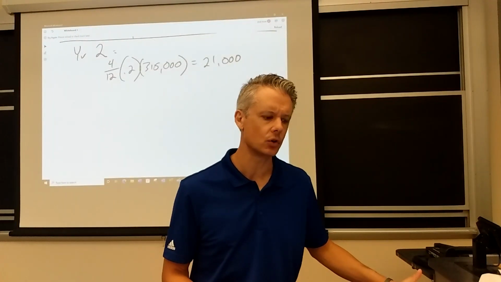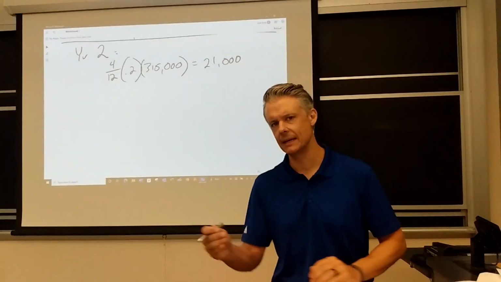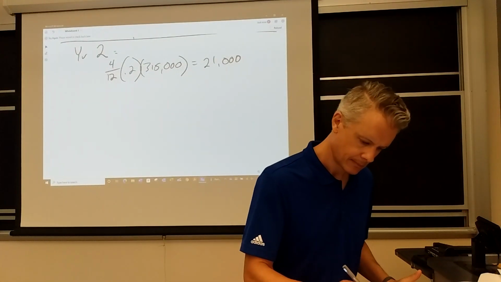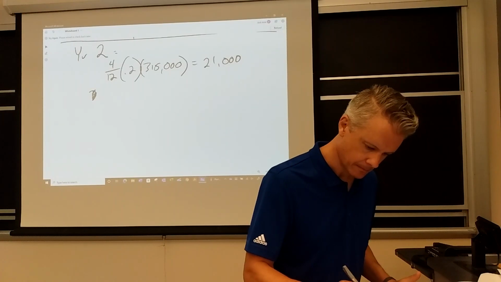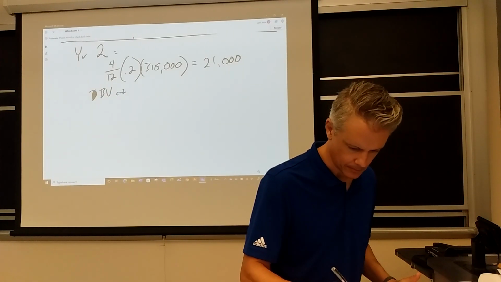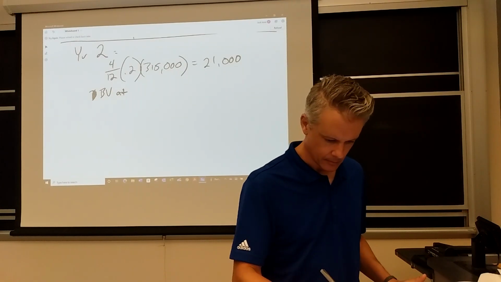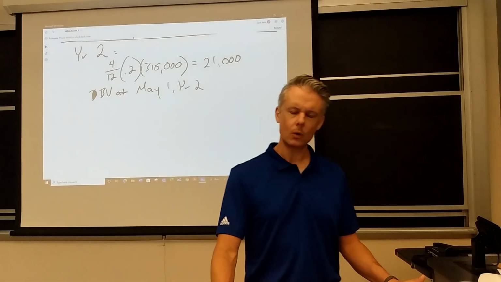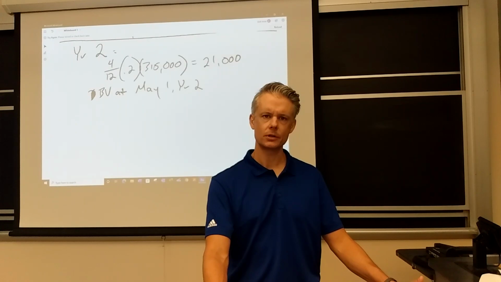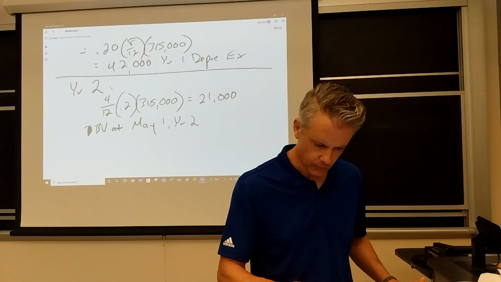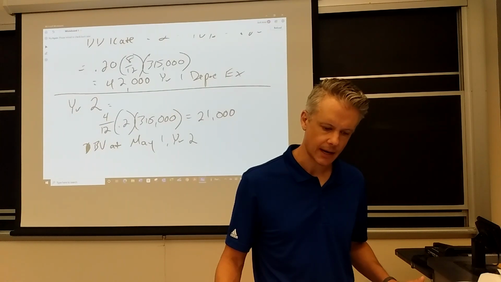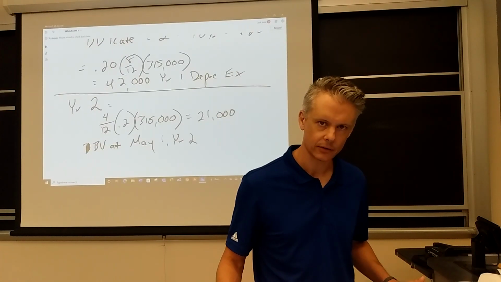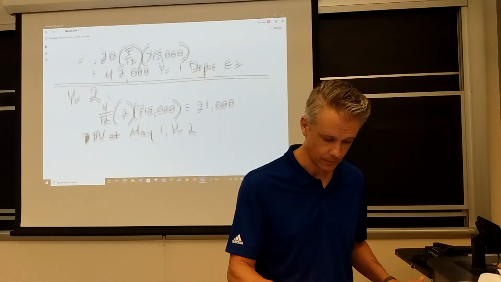Now let's think about book value of the asset when we get into our second 12 months. So what would be our book value May 1st, year two? Well, so far, we would have depreciated this asset by $42,000 in year one and $21,000 the first 4 months of year two.